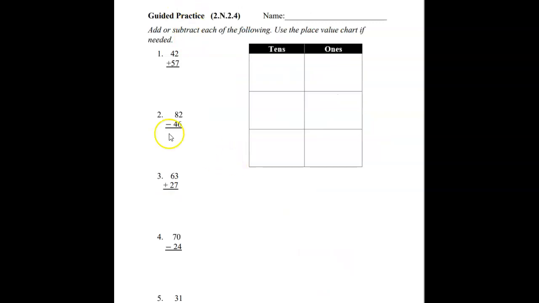Okay, so here's the place value chart if you need to use it. You can make tens blocks. If you have your unit cubes there, you can use those. That'll be helpful. If not, you can place them in this if that will help. So we have 42 plus 57.